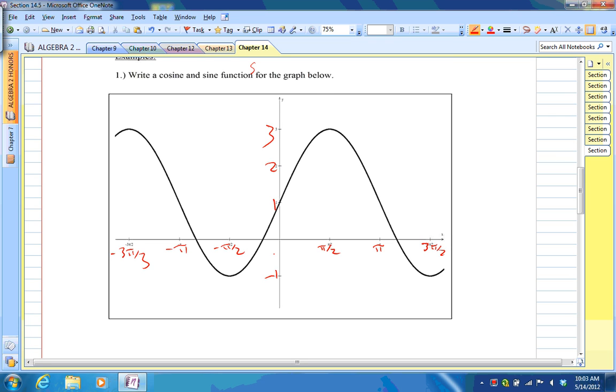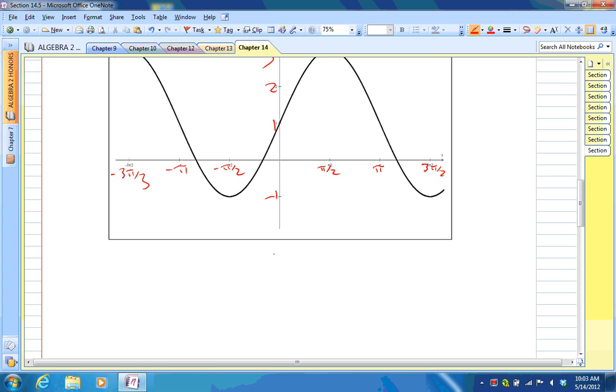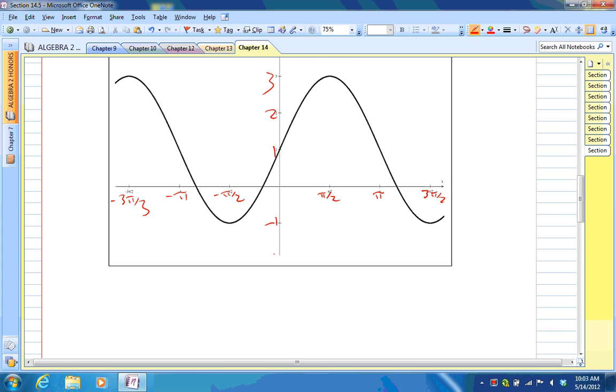So the first order of business is we'll try to write this like a sine graph. In this case, if we look for h and k, actually it might be easier to reverse engineer this.